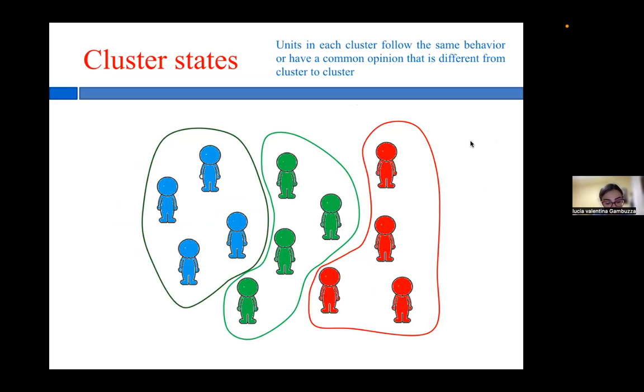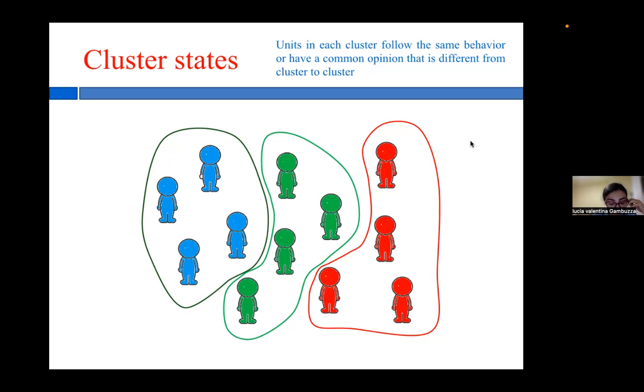In cluster states, we have a network where each unit, which can be an individual, a robot, a fish, or whatever you want, interacts with the other units in the network through the topology of the system, and the aim is to cooperate in some sense, or, for example, to negotiate some values. So they start to achieve different behavior with different scope.